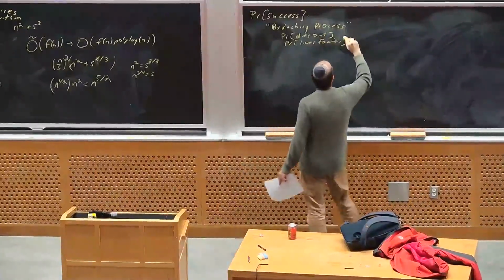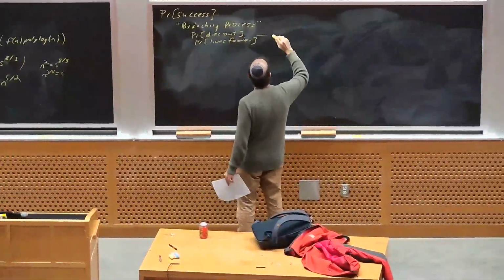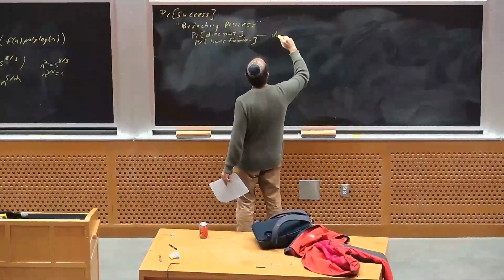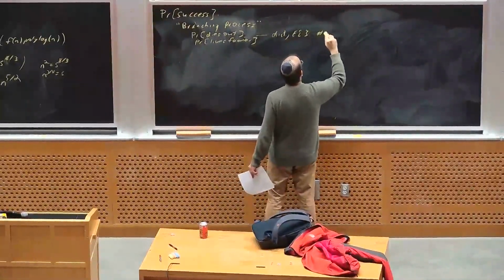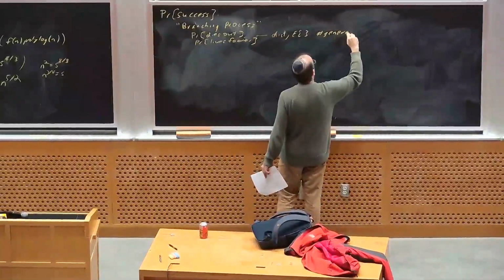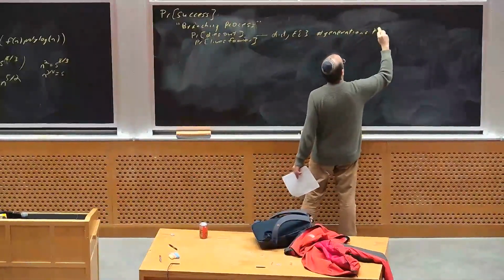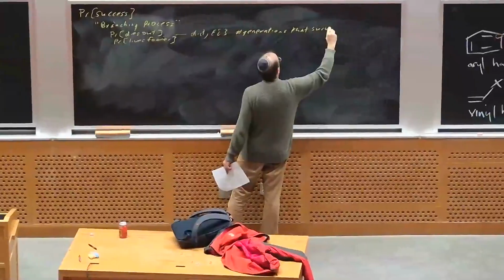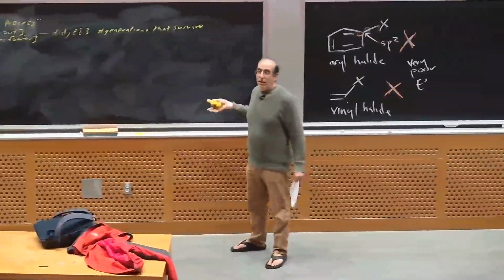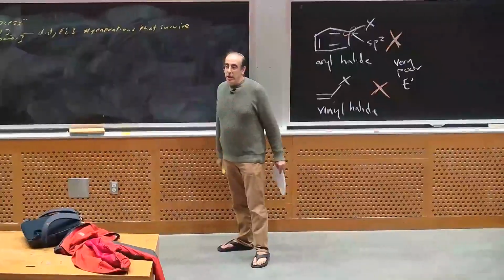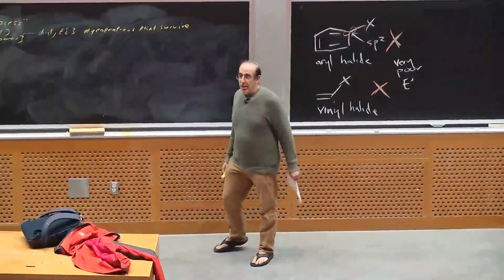Also, somewhere in between, you can talk about the distribution and expectation of the number of generations that survive.